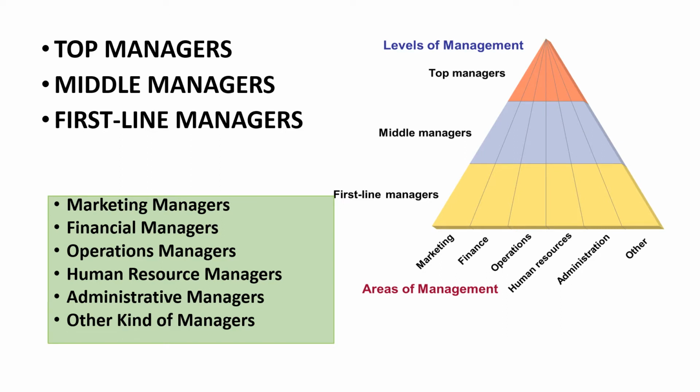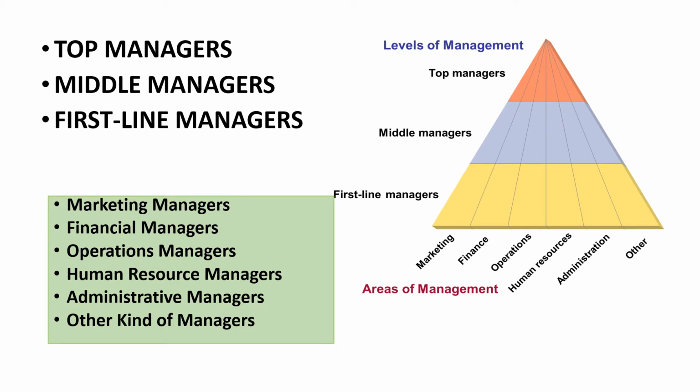How about the middle managers? The middle managers are the largest group of managers in an organization who are primarily responsible for implementing the policies and plans of the top management. They supervise and coordinate the activities of lower level managers.